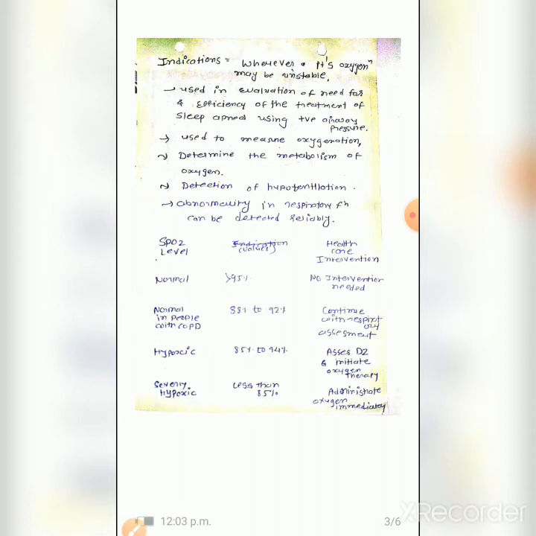If the patient is hypoxic, the value is 85 to 94%, or sometimes less than 94%, so assess the disease and initiate oxygen therapy as required. If the patient is severely hypoxic, the value is less than 85%, so administration of oxygen is required immediately.